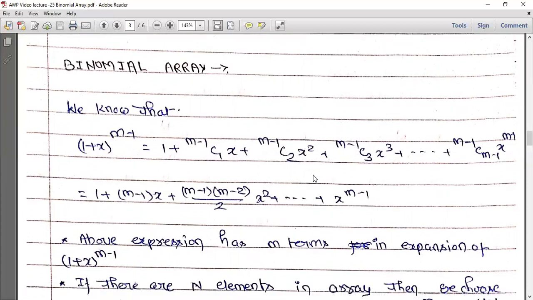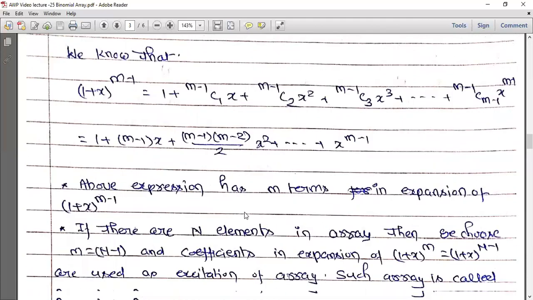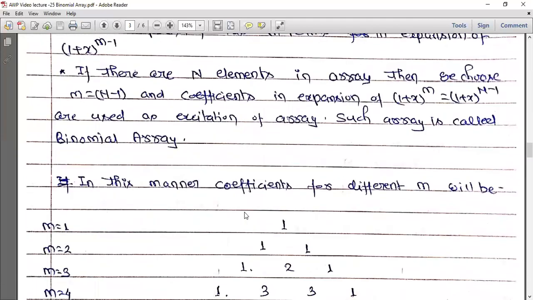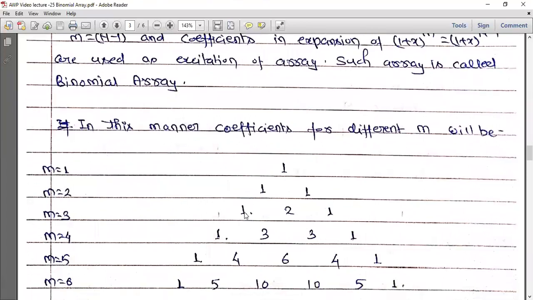For finding these coefficients, one way is to solve the combination logic m minus 1 c1, that means factorial m minus 1 upon factorial 1 into factorial m minus 1 minus 1, that is factorial m minus 2, or in this manner. Or the second way is Pascal's triangle. So what is a Pascal triangle?